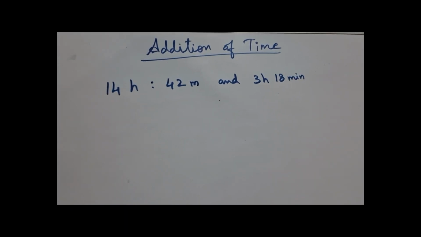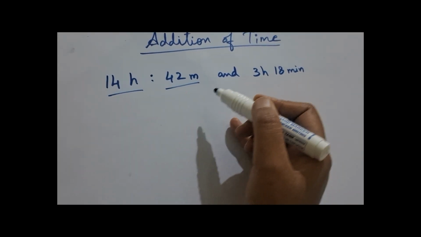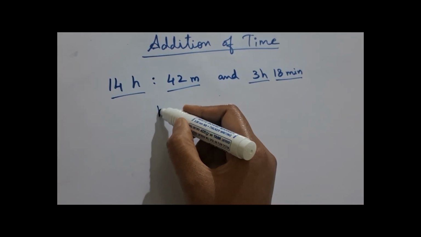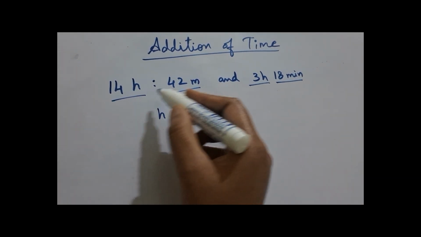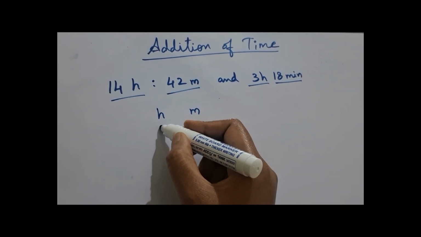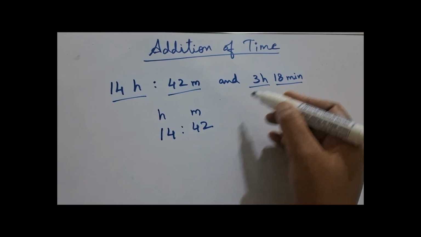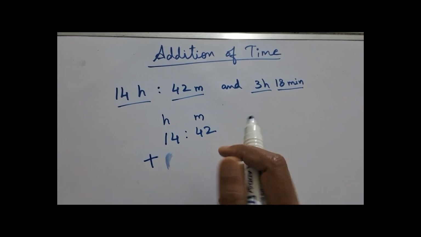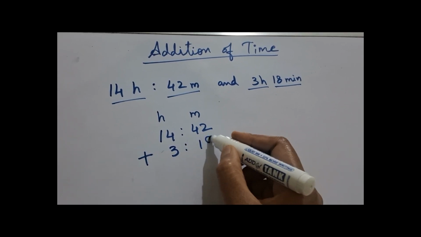Now let's add these two times, children. 14 hours 42 minutes and 3 hours 18 minutes. Here I am writing the units, hours and minutes. 14 hours 42 minutes, and then plus 3 hours 18 minutes.